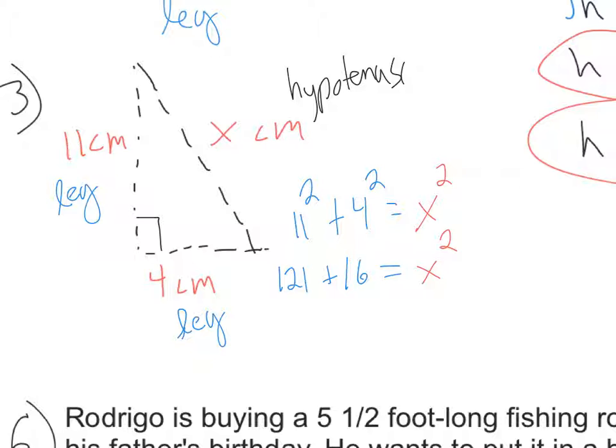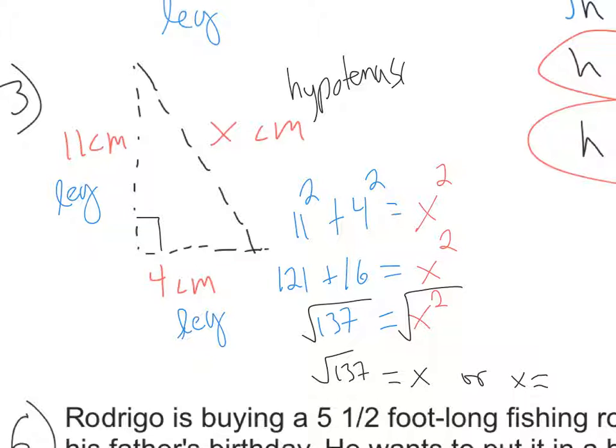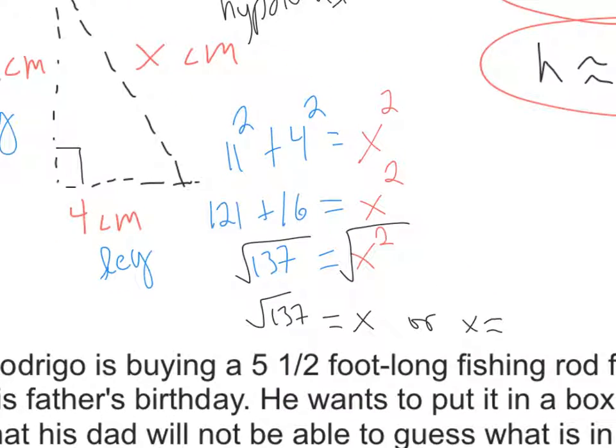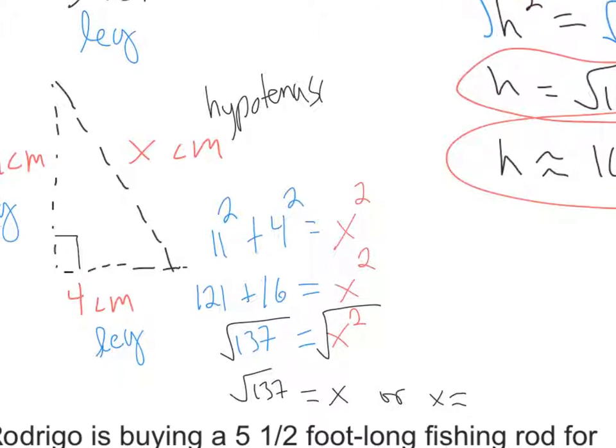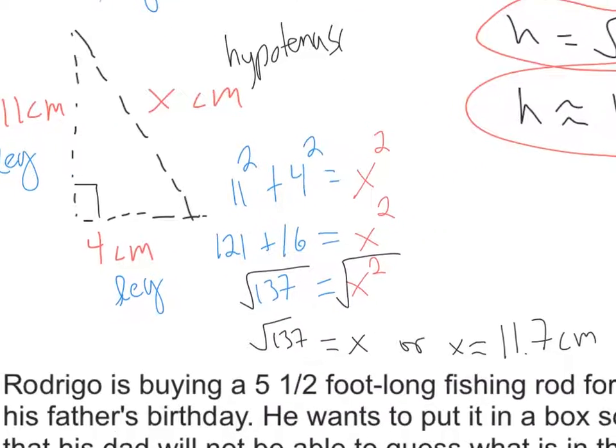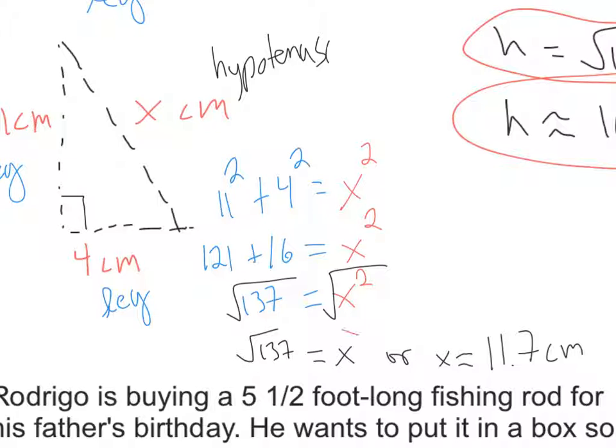Simplifying by adding on the left, you get 137 is equal to x squared. And then the last step is to take the square root of both sides. So you get x is the square root of 137, or x is approximately, if you want to punch that into a calculator, square root of 137, you will find that x is approximately 11.7 centimeters. Awesome. So either one of those serve to be the correct answer.